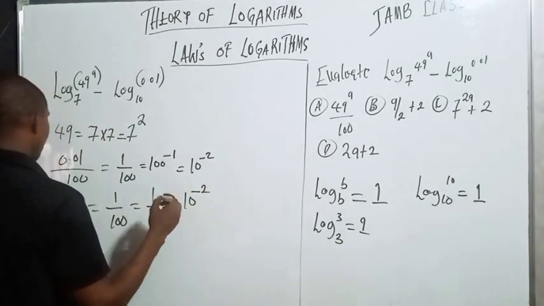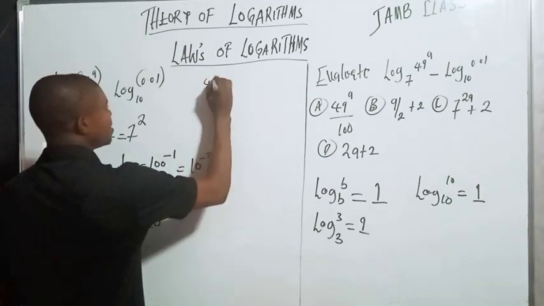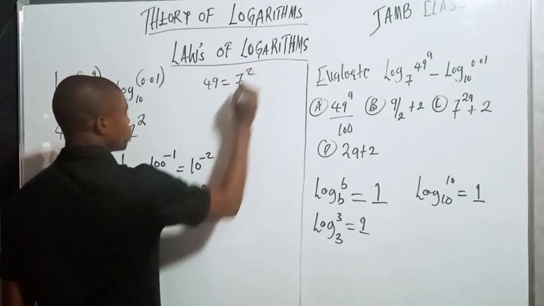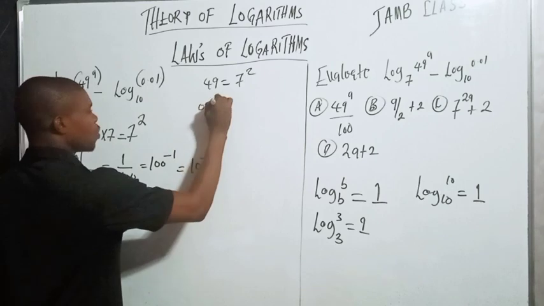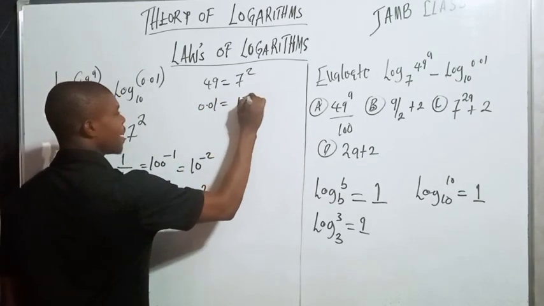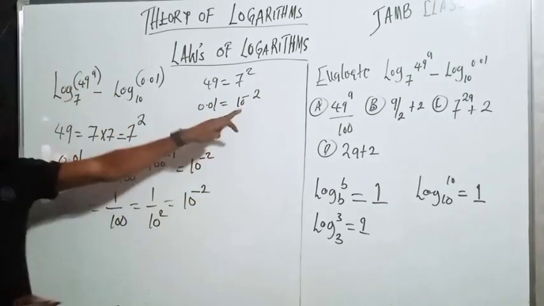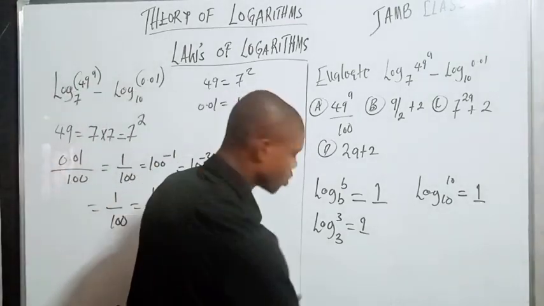So 49 is 7 raised to 2, and 0.01 is 10 raised to minus 2. Very important. There are two things I want to make use of here.